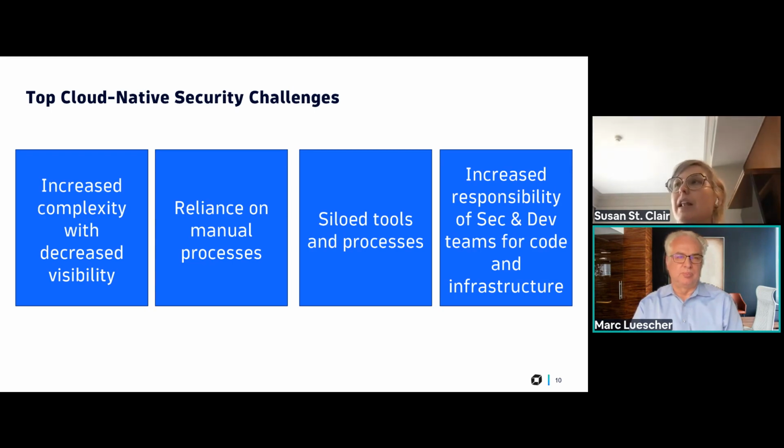But now I have this complexity, and decreased visibility of how all those things fit together as we go along in our cloud native journey. So that's a challenge, both from an observability point of view and a security point of view. And it just gets worse the more in depth we are into that cloud native journey.